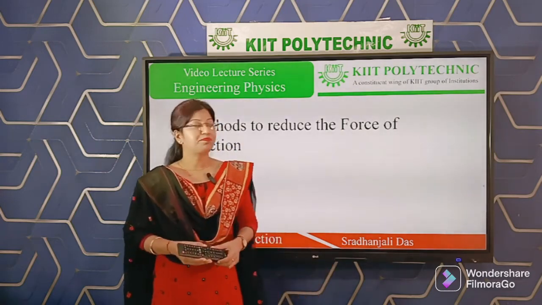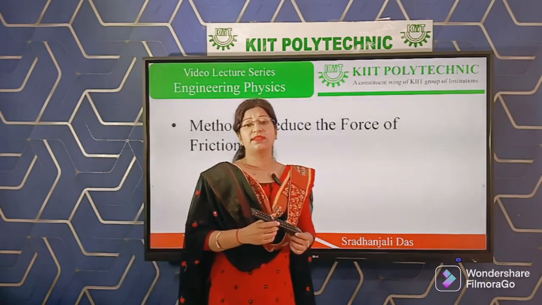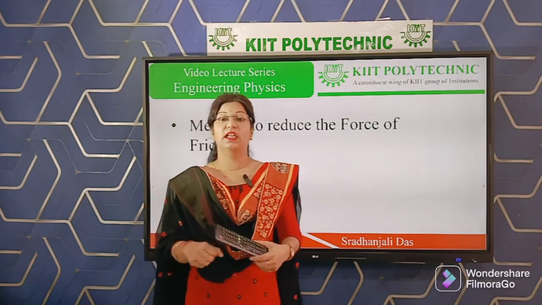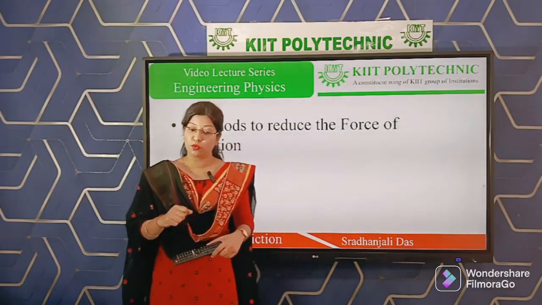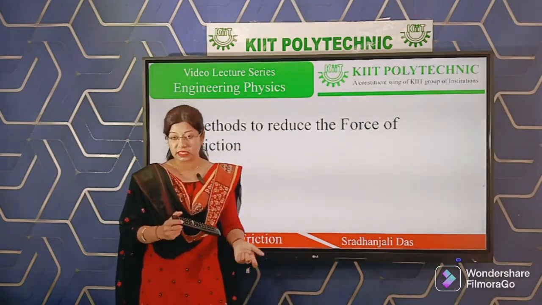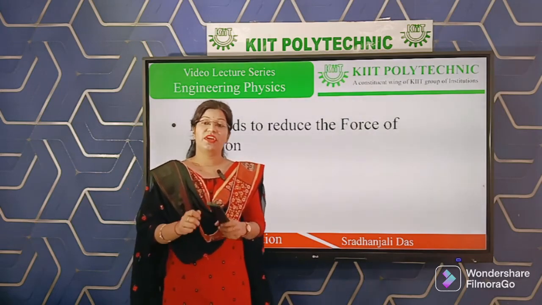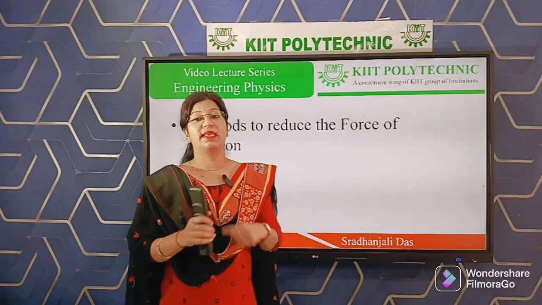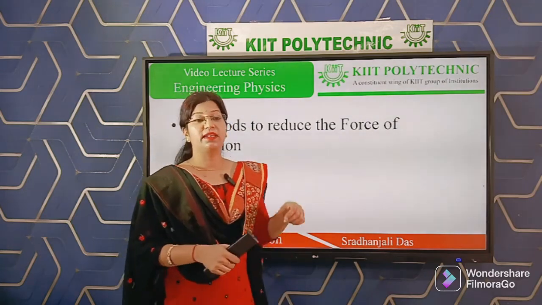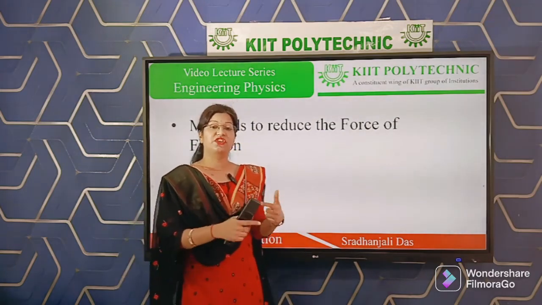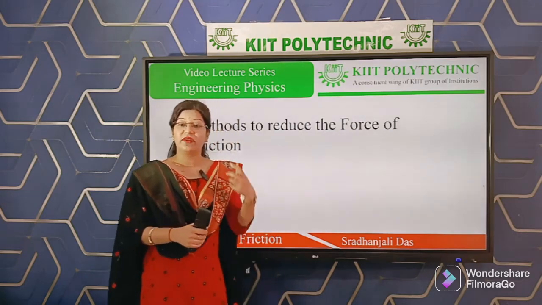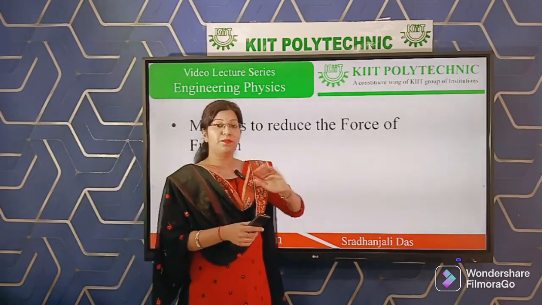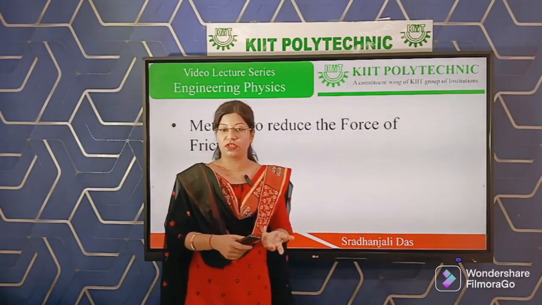Similarly, two friends start riding their bicycles, one on a smooth road and one on a grass field. The force of friction is less on the smooth surface, so that the boy can easily ride the bicycle. In a grass field, the force of friction is high, so it is a little difficult to ride the bicycle. So by polishing the surfaces, we can reduce the friction.